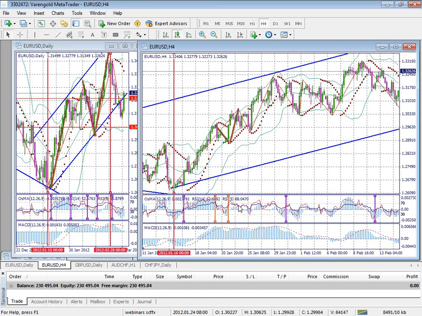We have again here a signal for a sell. And at this point we can look for a sell.